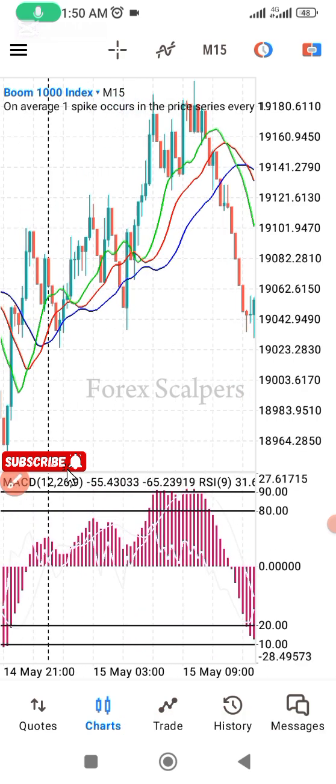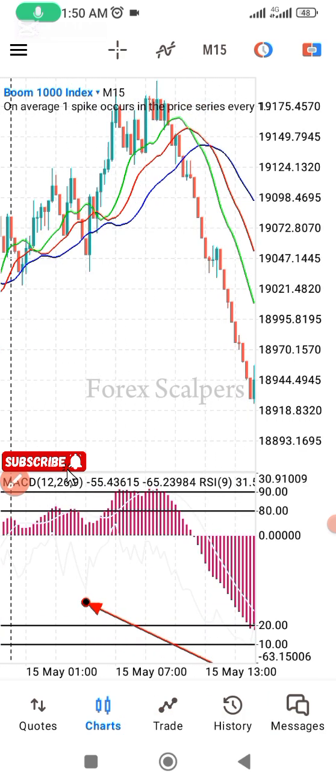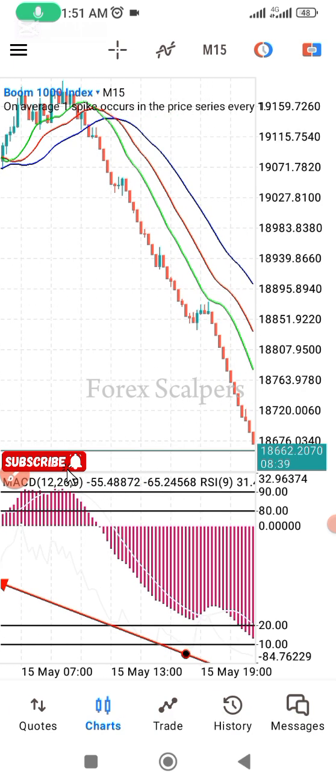Okay, so another way to do this is you can as well follow up when you get your MACD histogram line at the level of 90, after you have determined your momentum from the 1 hour. If you are aggressive about your trading, you come to this time frame, and then you can see all of that. From that zone, you make your sell entry, and here is a clear move.